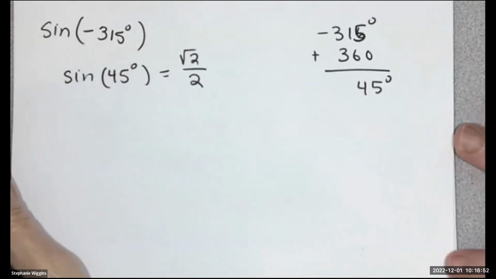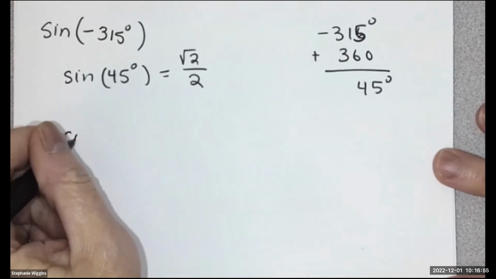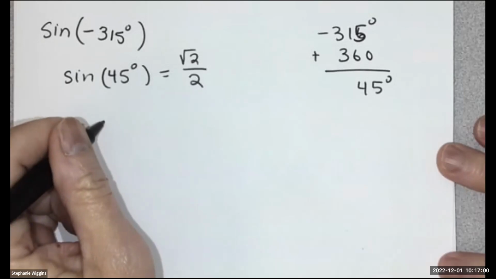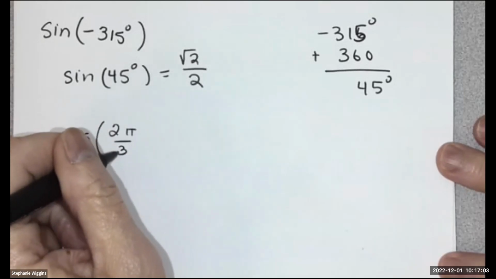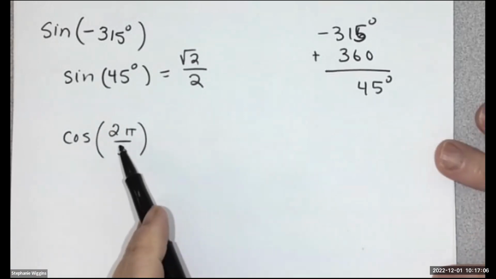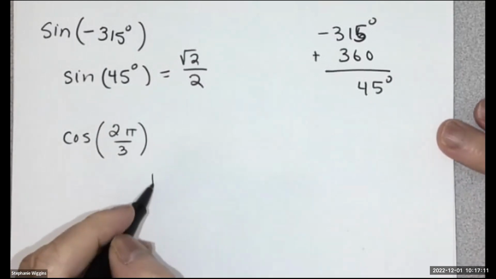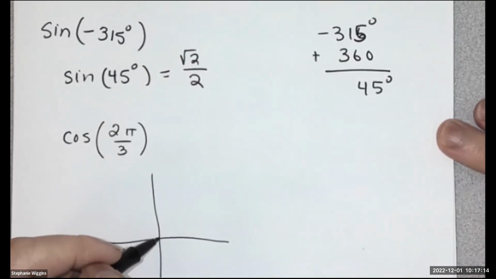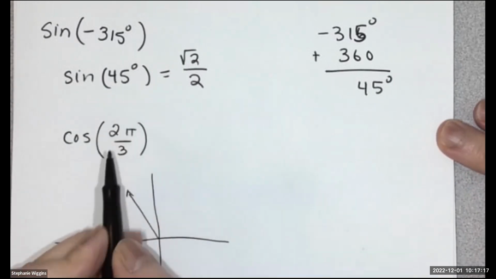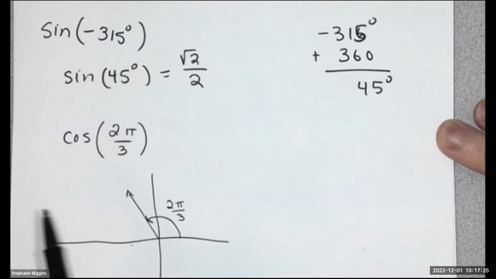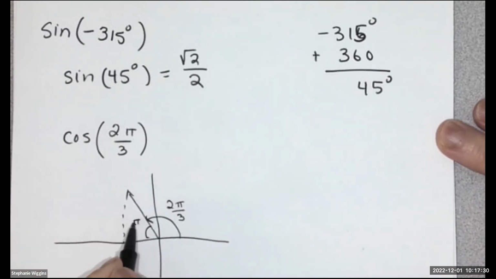If you're looking at something like, let's say, cosine of 2 pi over 3, okay, 2 pi over 3 is between 0 and 2 pi, but it's not in the first quadrant. It's actually in the second quadrant. So you can use your unit circle to see where it's located. And in order to get to 180 degrees, I'm going to form a triangle here, and this is pi over 3.